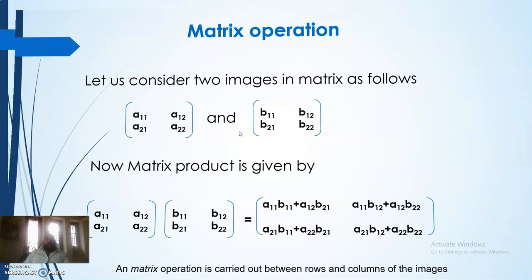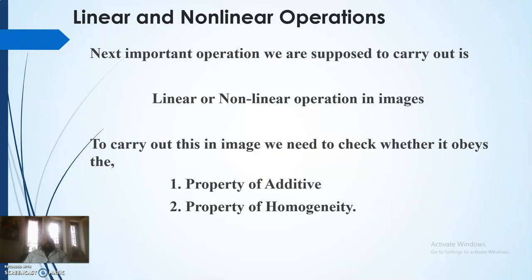Next we can see linear and non-linear operations. This is one among the important operations in image processing, that is, whether the image is linear or non-linear. To analyze the image we will be applying the linear property. To carry out this in an image we need to check whether it obeys the property of additivity and the property of homogeneity.